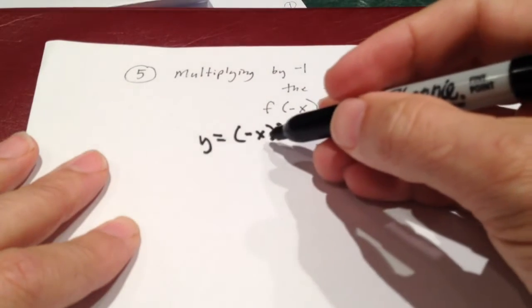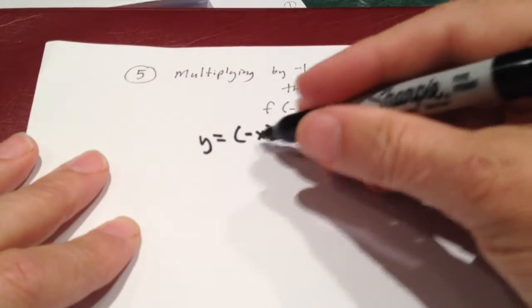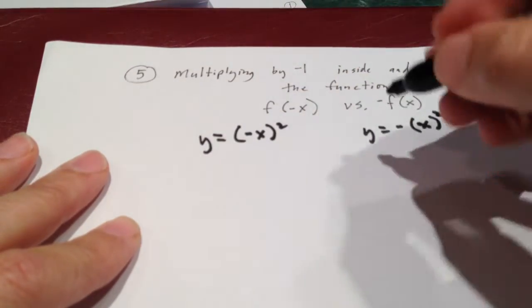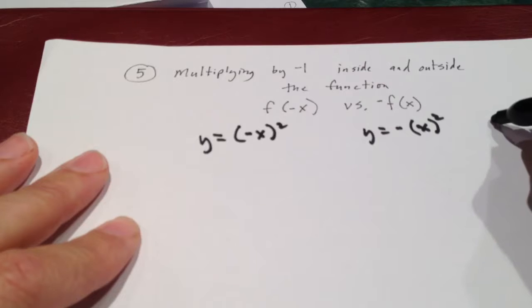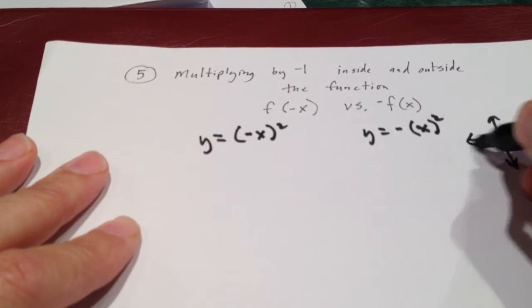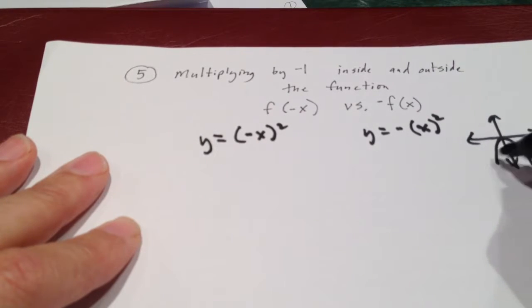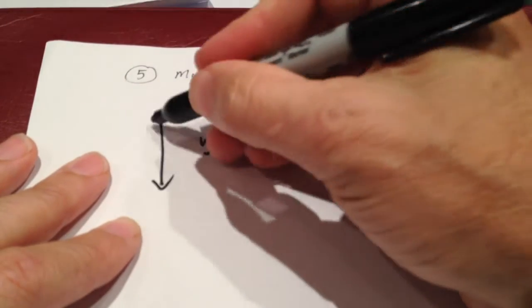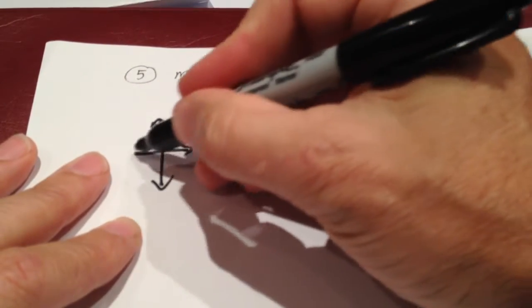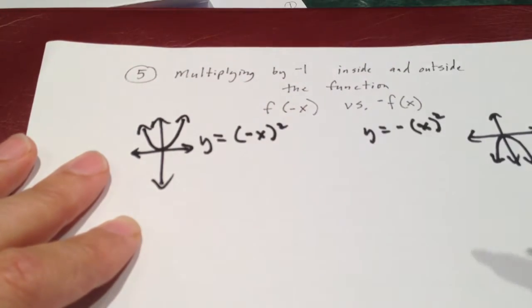This one right here is a little tougher to tell because it actually looks like the original if I do it that way. So this will actually look like the parent function. It's not actually, but it looks very close. The second one though, most of you probably know this if you've looked at this, anytime I get a negative out in front of the x², it flips that guy over. Alright, but I'm going to say this one out here still essentially looks like the parent function. This is not the best one to look at for this particular example.